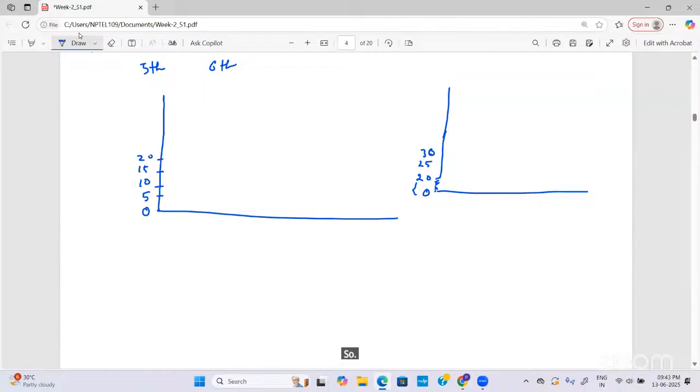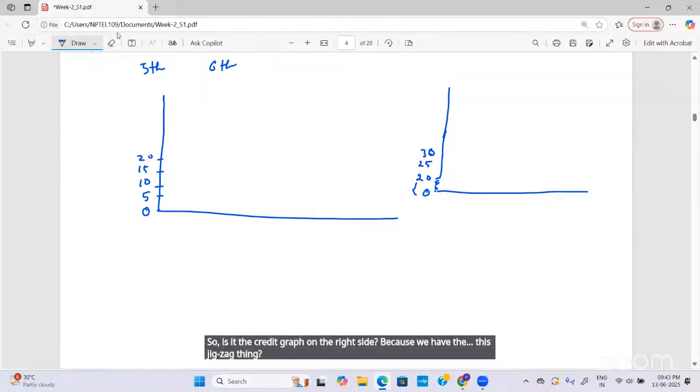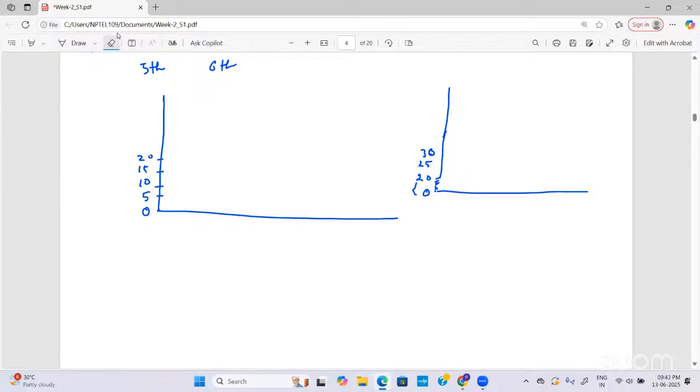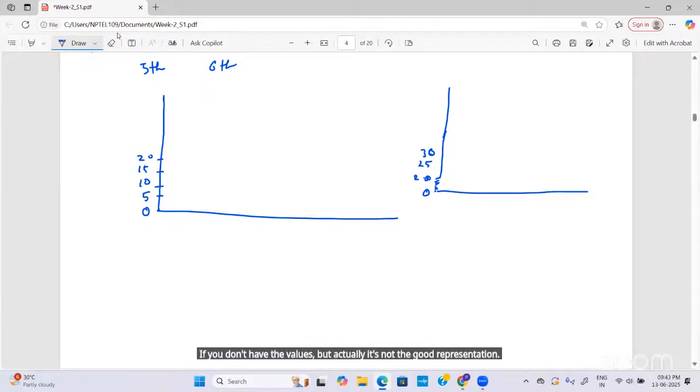Is it the correct graph on the right side, because we have this zigzag thing? We should not prefer this chart actually, but sometimes it depends on the data set if you don't have the values, but actually it's not a good representation. But if we have to make this graph with a baseline of 70, can we zigzag and then start the graph?